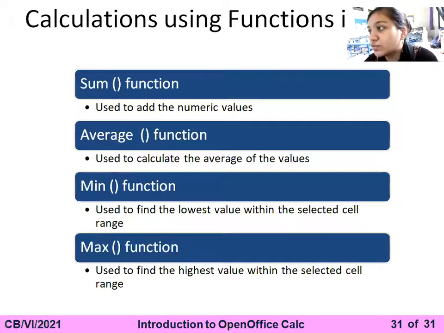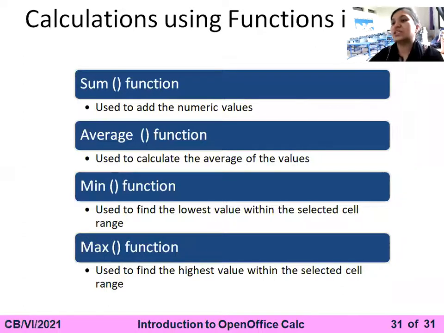For example, if you want to make a result, it is easy in CALC. If you have all the subject marks of a student, how do you find the total marks, the average, who got the first rank, who failed? For that purpose, these 4 basic functions are used. Today we will learn only 2 functions. In the next class, we will go ahead with the next 2 functions.